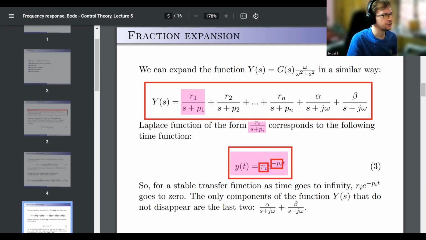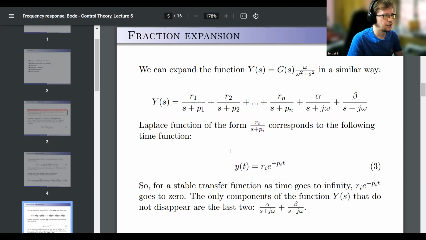So usually this is the initial value of y that stands here. So that's it. That's what we have here. So this is what we get when we transform something like this back into time domain.